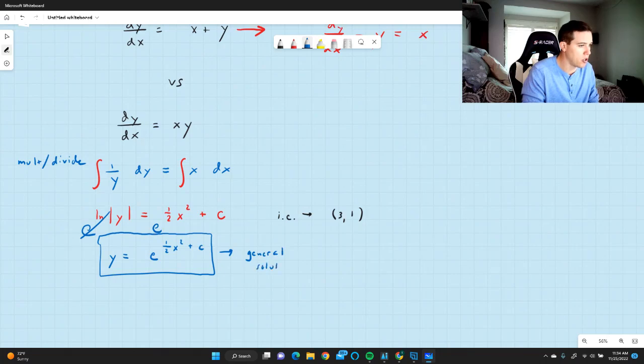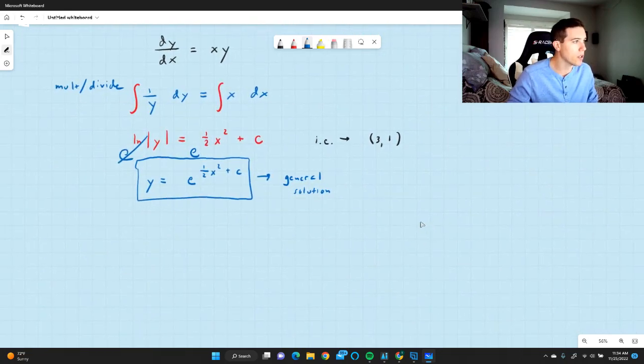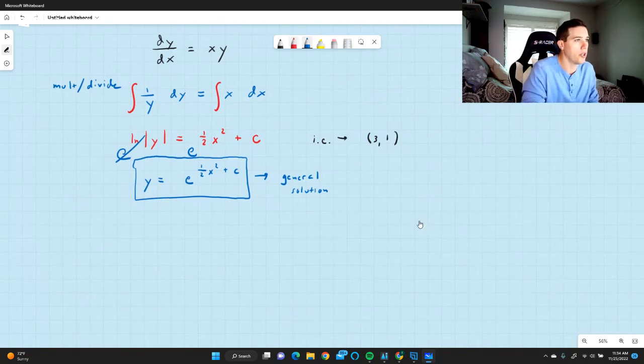Typically, we don't stop at the general solution, but there might be a case where they say just find the general solution. And that just means if you had an initial condition, you could plug it in here and find the particular solution for that given initial condition. But we are going to use my initial condition and find the particular solution.